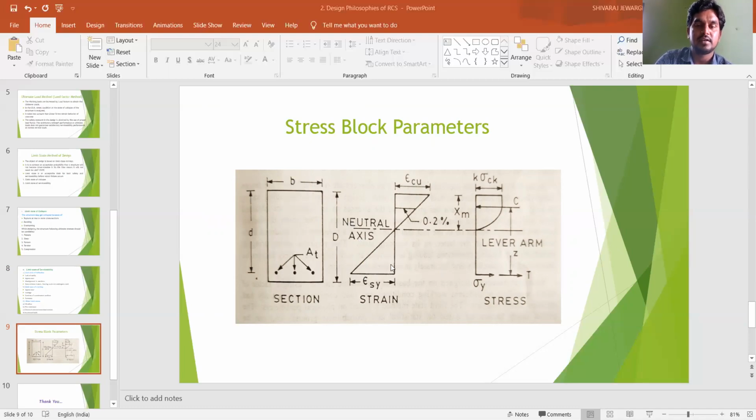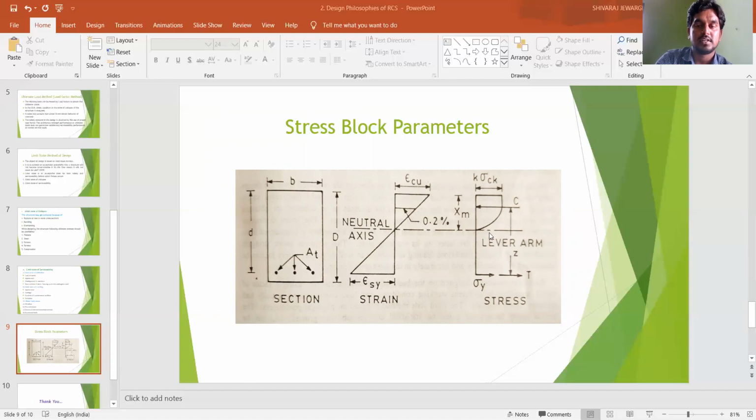As you see in the figure, this is the strain diagram of the concrete and the steel. Above the neutral axis it shows the strain in the concrete, and below the neutral axis the strain in the steel. We will see this further in detail next.